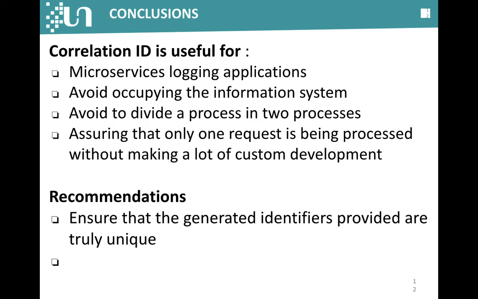We can do that with a classic approach without a pattern, but in this example we would need to divide our process into a previous one, which is checking for withdrawal, then a process to check the balance, and after that a process to do the withdrawal. But here we avoid dividing the process, and that permits us to avoid occupying the information systems.